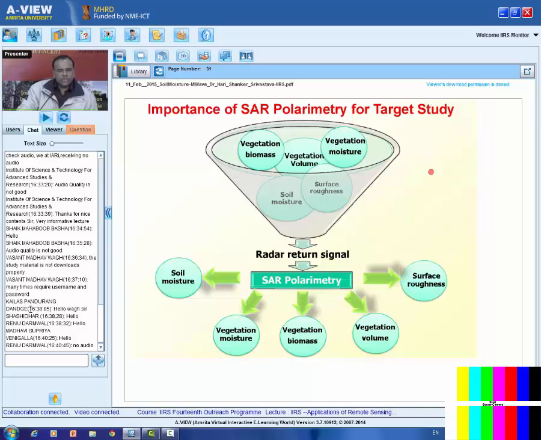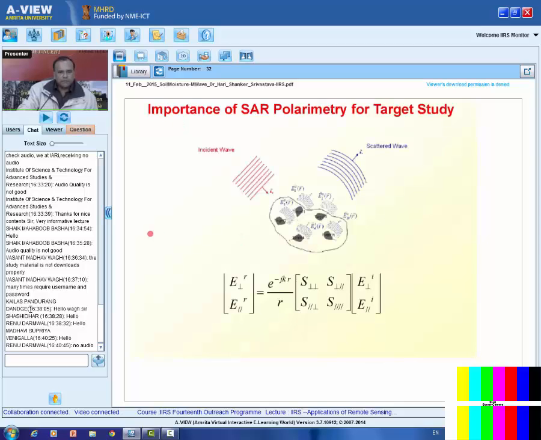But one more option is there. If we use fully polarimetric data, then by using the single data, we can separate out the contribution from soil moisture, vegetation biomass, vegetation volume, surface roughness. Here I am showing how this SAR polarimetry works.